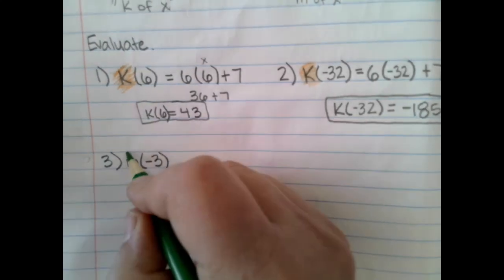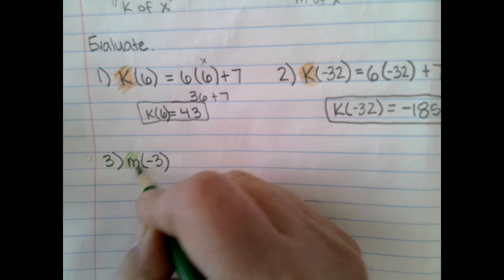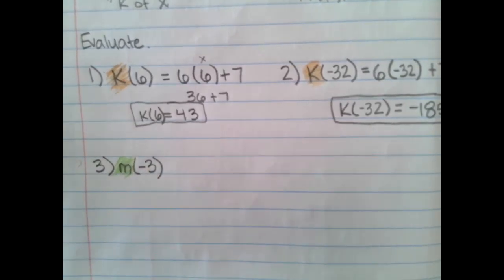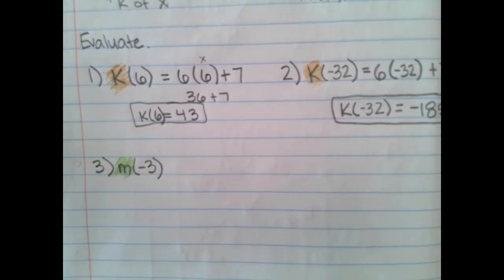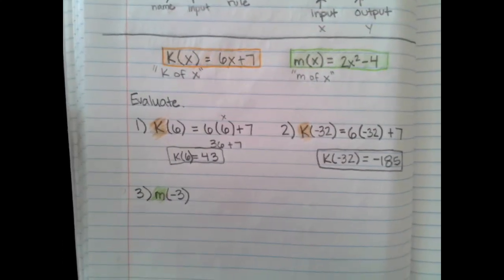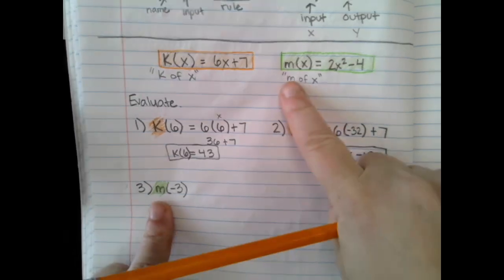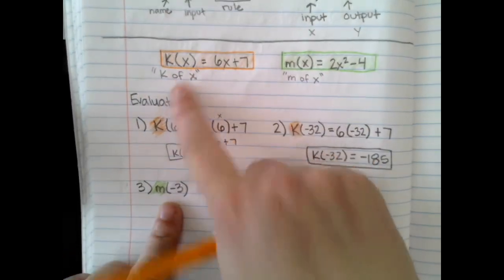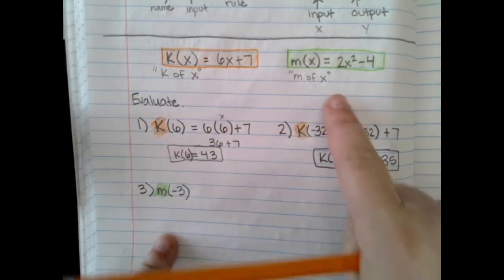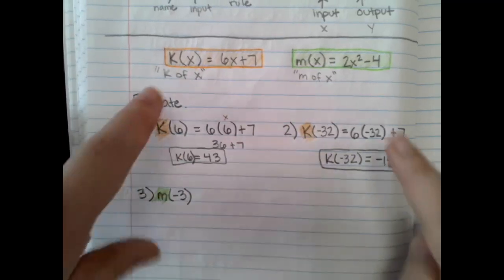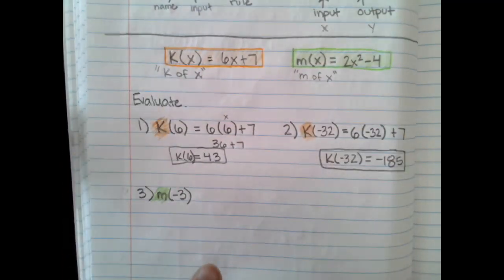You guys are so smart. So that's kind of the nice part with function notation is we can have multiple functions going at the same time, multiple rules, and you should be able to know which rule we're using each time because it's named. This one name is M. This name is K. They don't have fancy names like Kaylin and Fatima. They just are named M and K.